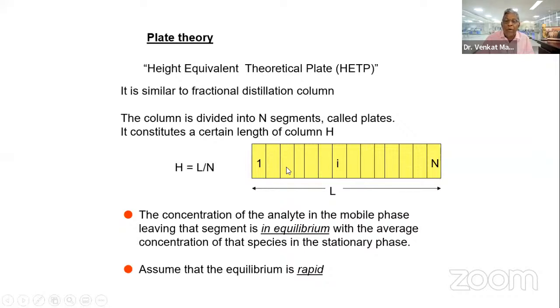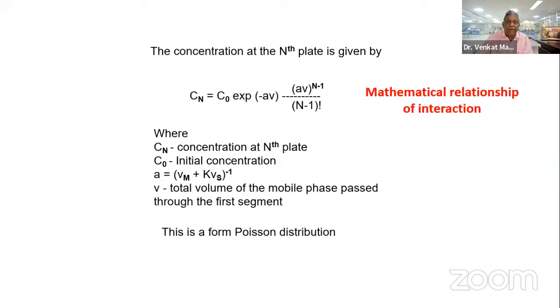Now, what is the concentration of sample present? It is very simple. If you see the concentration in the nth plate, I can calculate through this mathematical relationship. And such a distribution is called Poisson distribution. It depends upon how much is the total volume of the mobile phase passed through the first segment, and also the initial concentration.